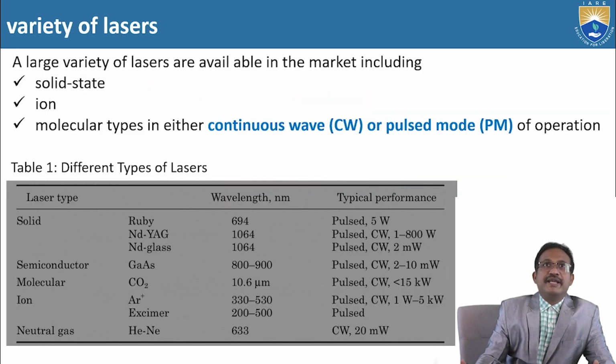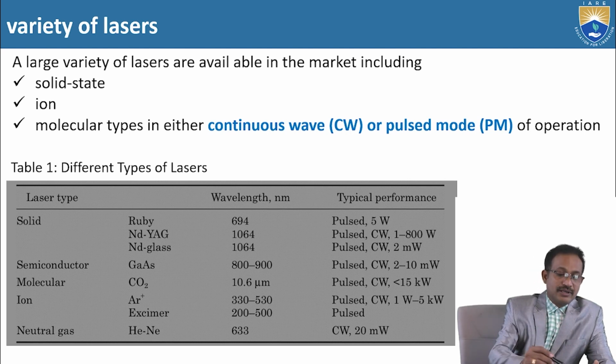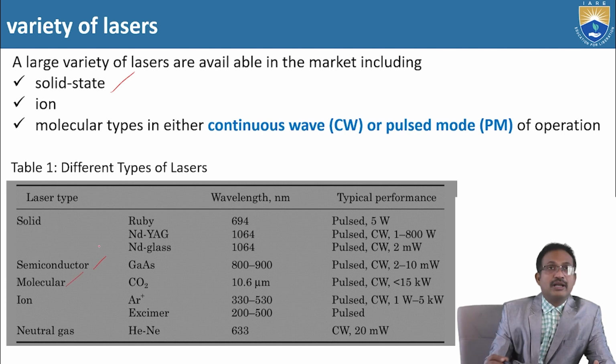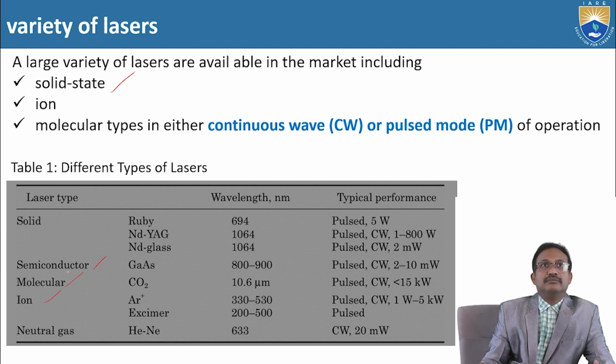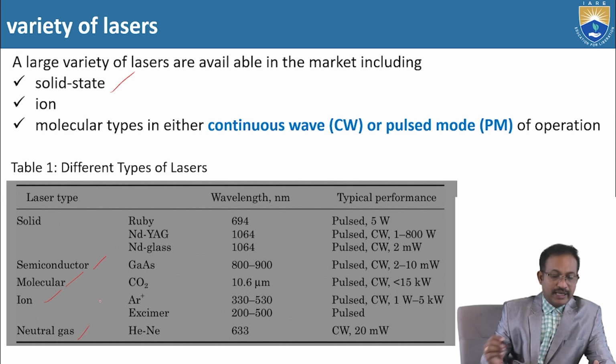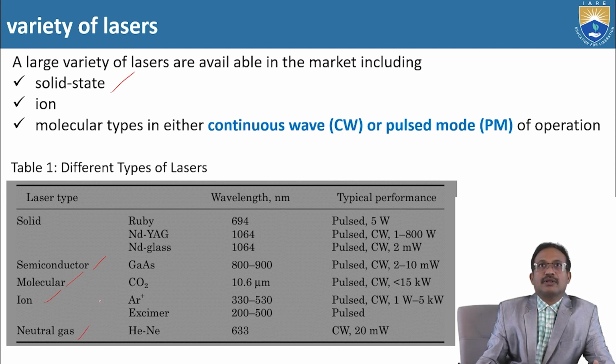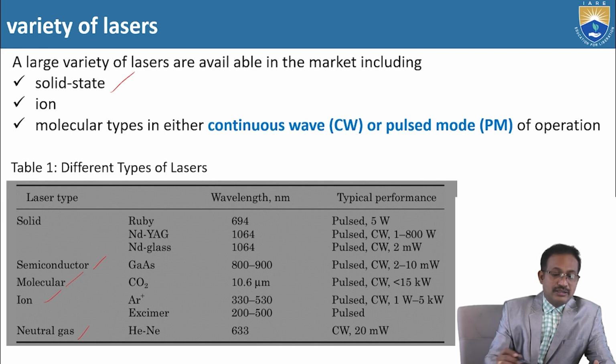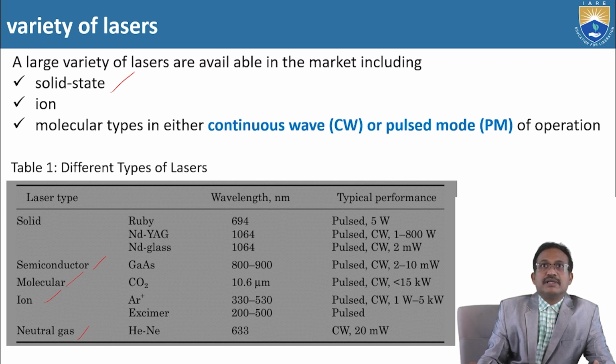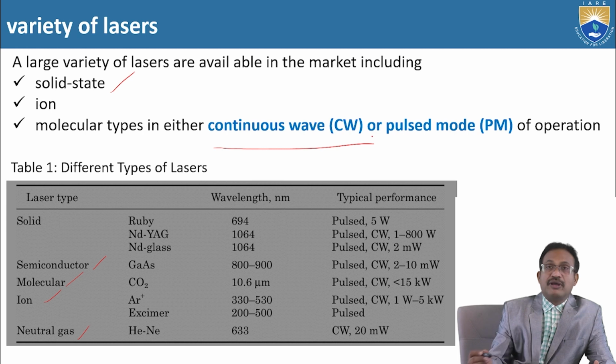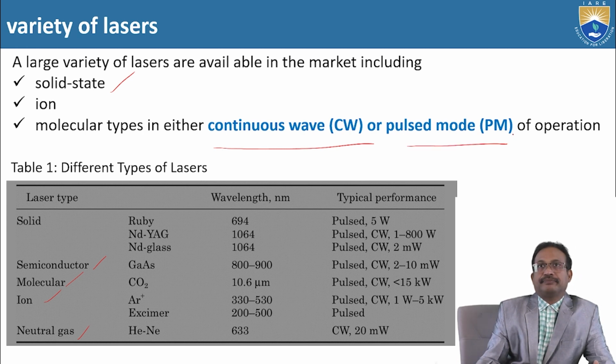Next, variety of lasers. A large variety of lasers are available in the market, including solid state, semiconductor, molecular, ion, and neutral gas types, in either continuous wave, that is CW, or pulsed mode, PM.